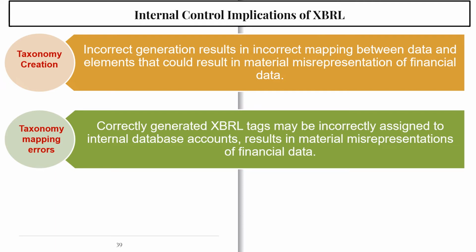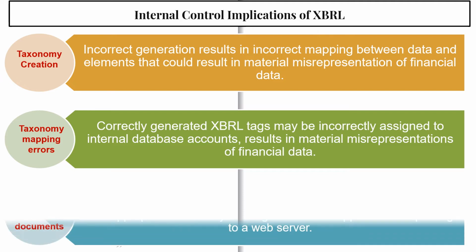Correctly generated XBRL tags may be incorrectly assigned to internal database accounts. So let's assume we have created the taxonomy correctly, but we make a mistake in mapping those taxonomies and tags into the right internal database of accounts. That will result in material misrepresentation of financial data.